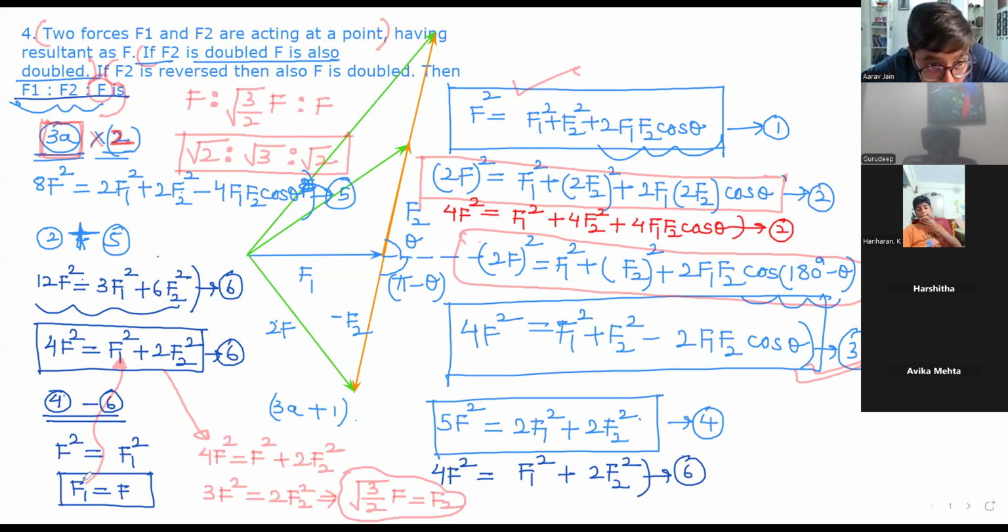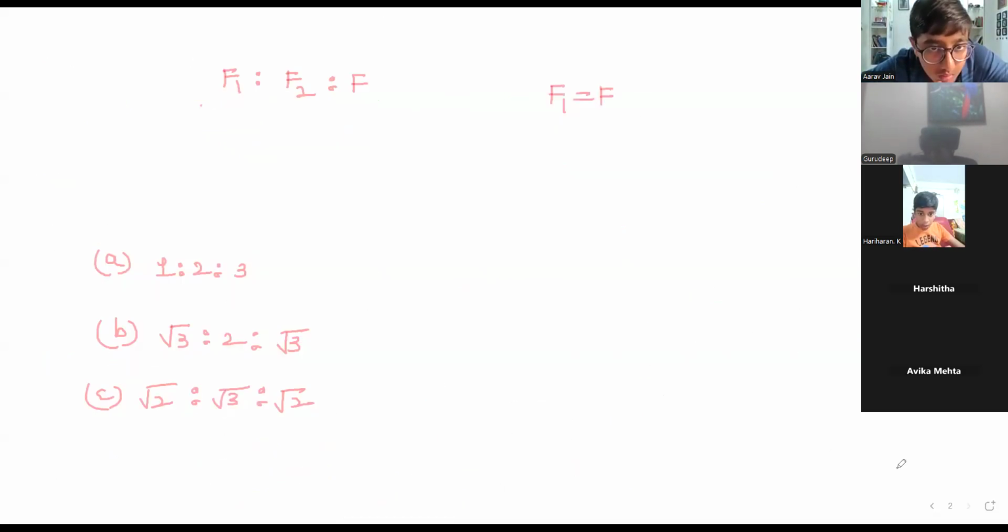So what did we do? We substituted the value of F1 in terms of F, right? So it became 4F square is equal to F square plus F2 square. We solved for F2. Okay, I got F2 as root 3 upon root 2 into capital F. Now I substituted the value here.